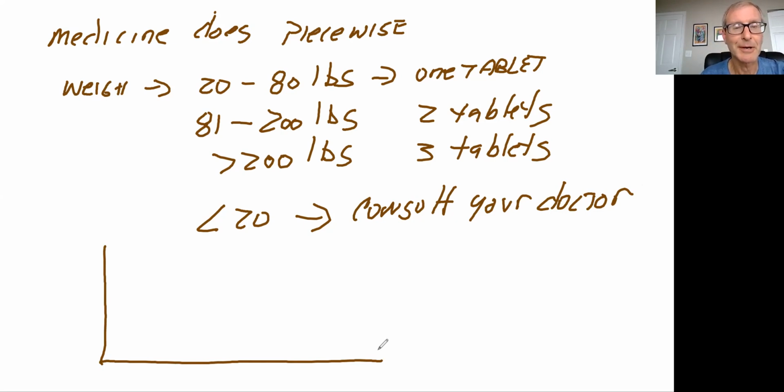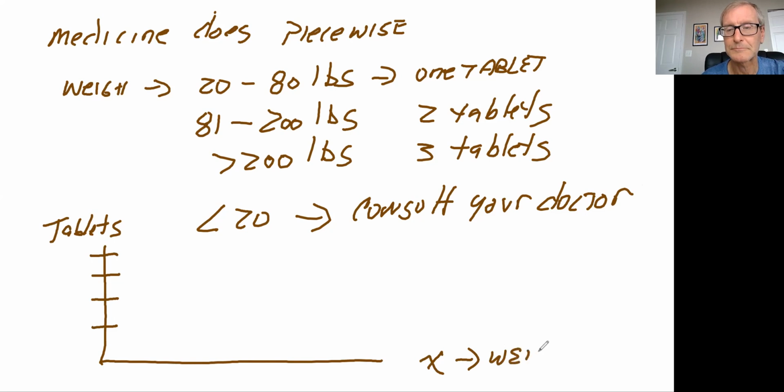So if you think about this would be 1, 2, 3, and 4. So this Y value here, let's call those tablets. And then the X value here will be the weight. So if we tried to graph this from, say, this is 20.